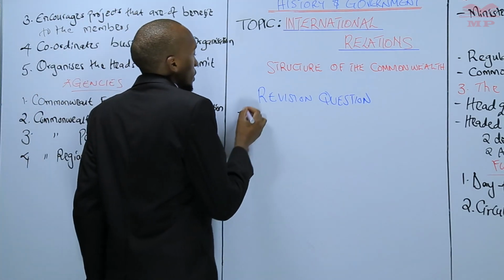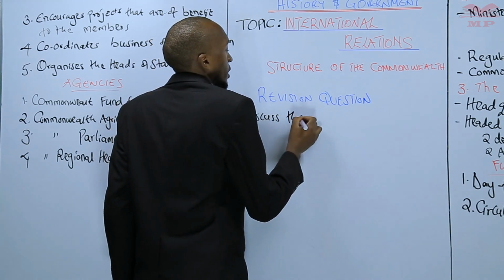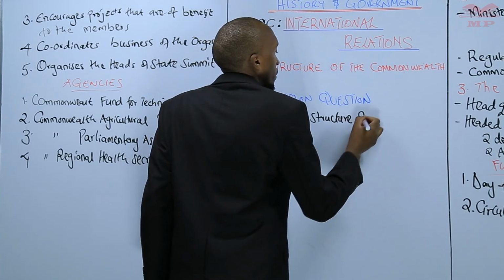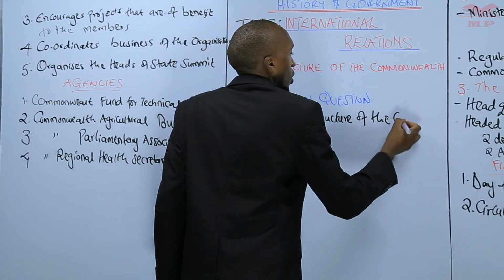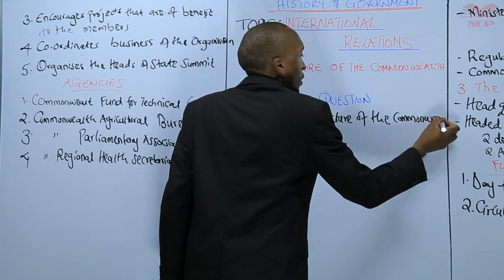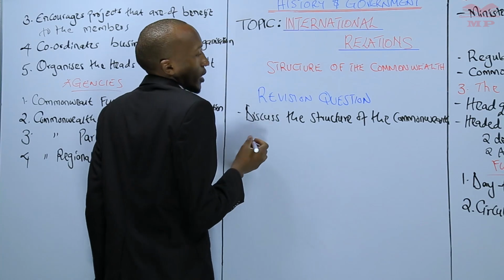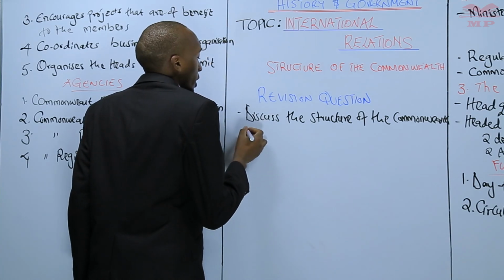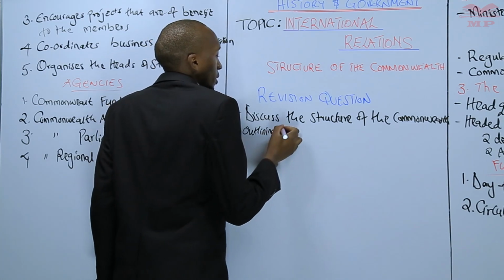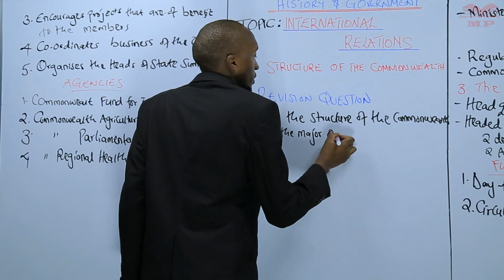The question is, discuss the structure of the Commonwealth, outlining the major organs.